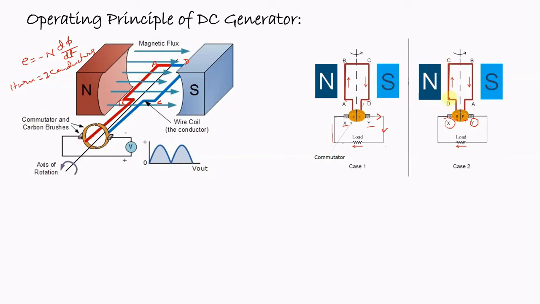Therefore, now the current will flow from D to C. So the current direction reverses. Similarly, for conductor AB, when it was under the north pole, the current was flowing from A to B. But after rotation, when it comes under the south pole, the current direction will be from B to A.